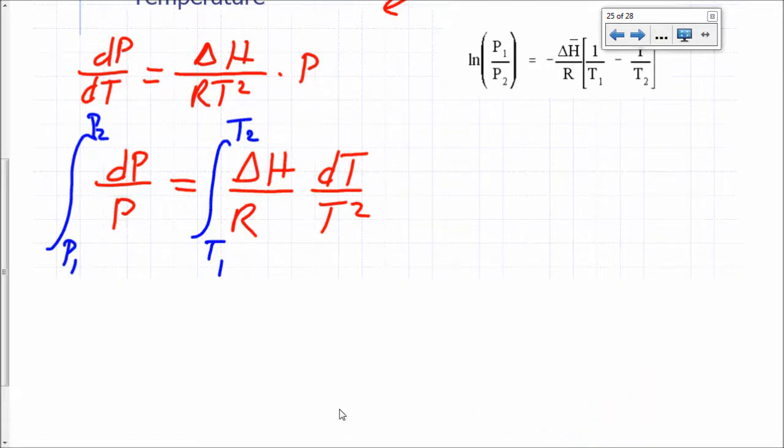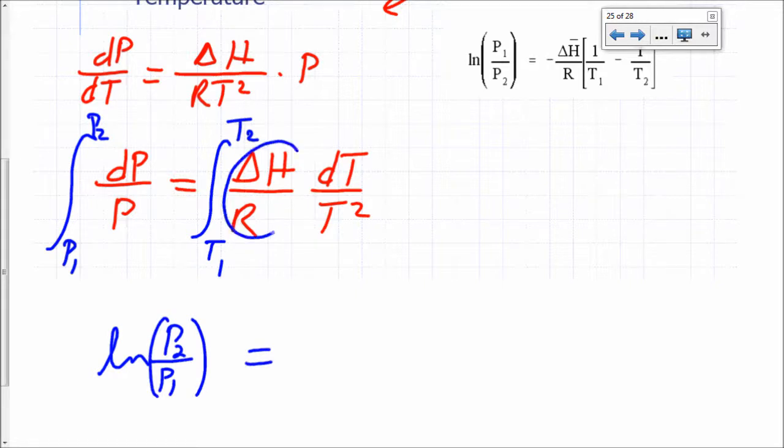The integral of dP over P is ln of P, evaluated from P1 to P2, so that's ln of P2 over P1 equals. If I were to assume that my temperature interval is small enough so that throughout that interval delta H will hardly change, I can factor delta H out as a constant, and so I can also factor out R since it's a constant. What's the integral of dT over T squared?